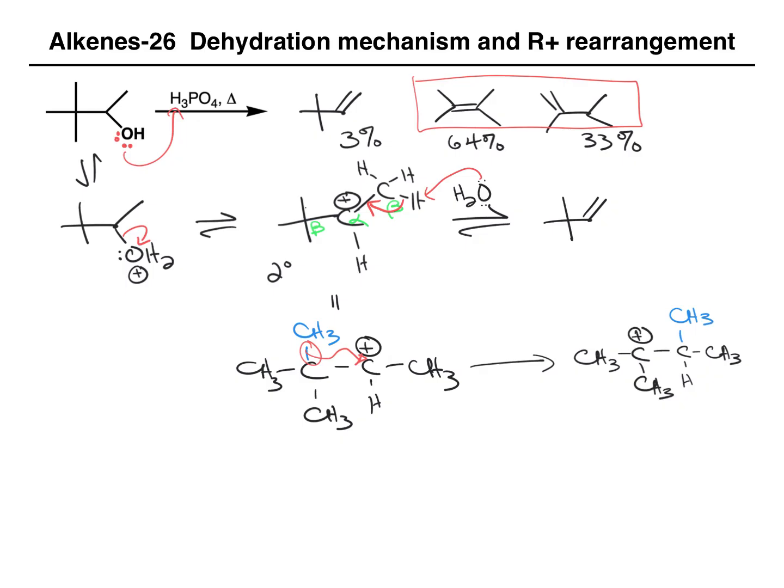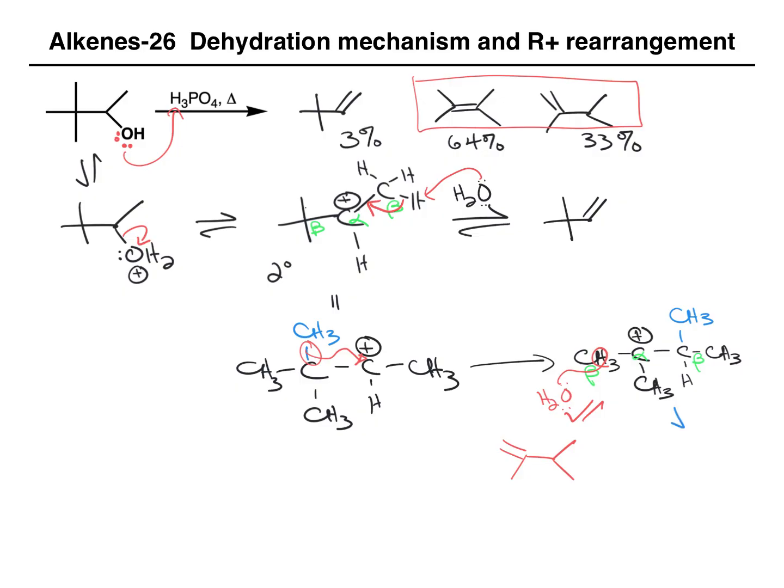And now this carbon is the carbocation. So now this carbon is the alpha position, which means this is a beta position and this is a beta position. So if water grabs off a proton from this position, then that leads to the formation of this alkene.